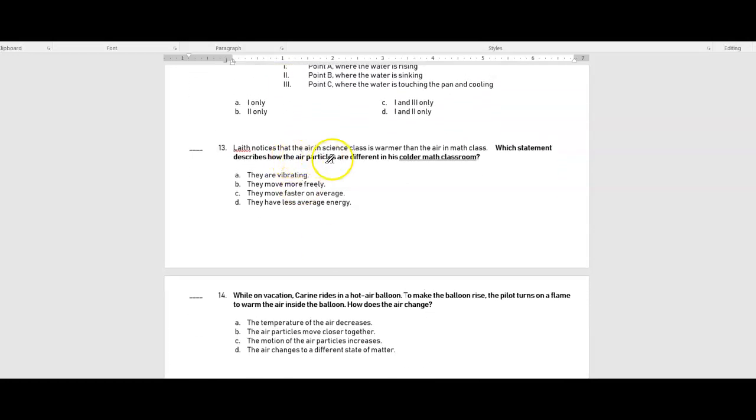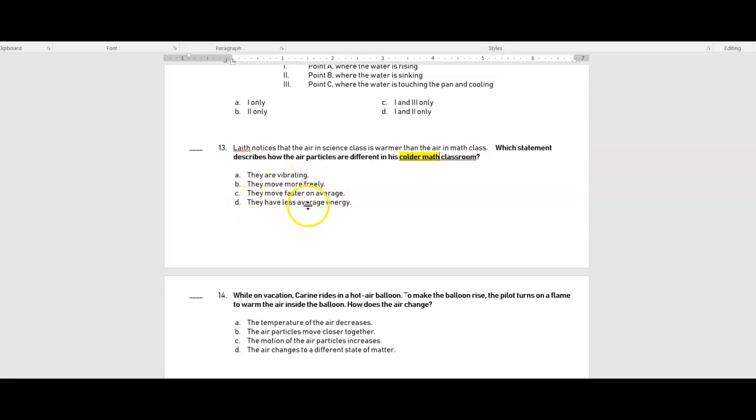Lath notices that the air in his science class is warmer than the air in his math class. Which statement describes how the air particles are different in his colder math class? So we're talking about the colder room here. Are they vibrating? Are they moving more freely? Are they moving faster?